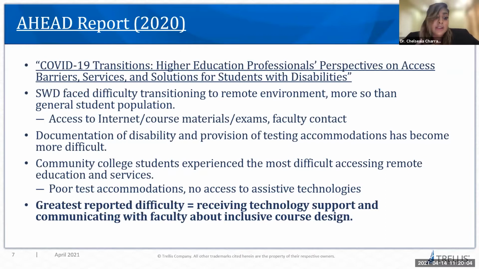Accessing course examinations: 60% of students with disabilities versus 46% of students without disabilities. Another major one was communication with instructors: 74% of students with disabilities and 63% of students without disabilities. But it's important to note that the greatest reported difficulty was receiving technology support and communicating with faculty about inclusive course design.